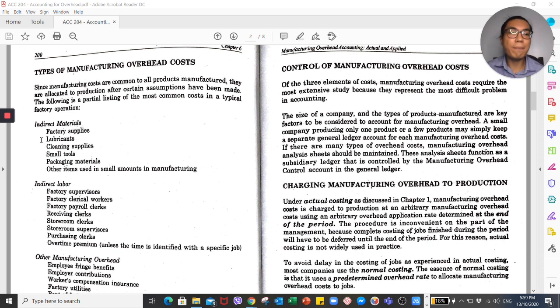Normally, it depends on industry practice and company policy.